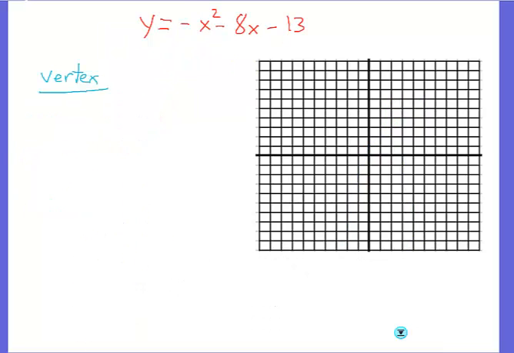All right, so I'm going to graph one more. And again, we know that the vertex, okay, we know that x equals negative b over 2a.